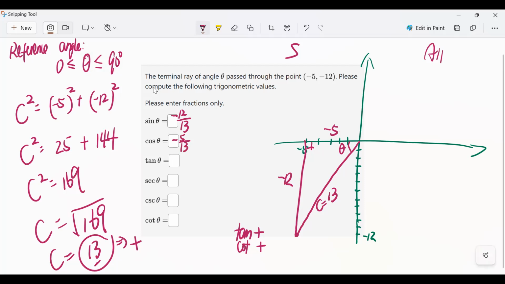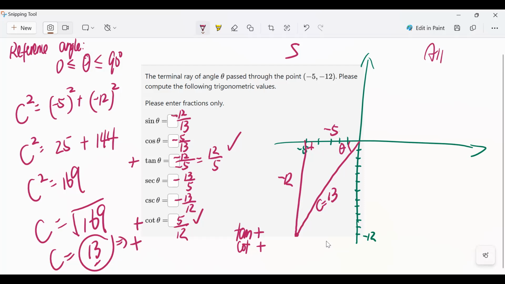Tangent is opposite over adjacent, -12 over -5, which is 12 over 5. Secant is reciprocal cosine, -13 over 5. Cosecant is reciprocal sine, -13 over 12. Cotangent is reciprocal tangent, 5 over 12. As you can see, only two values are positive: tangent and cotangent. Everything else is negative.